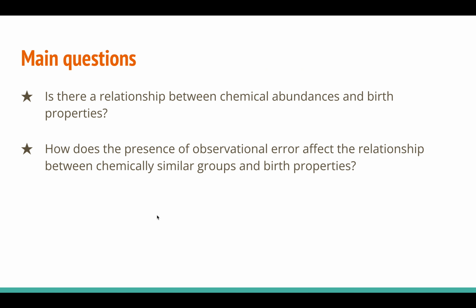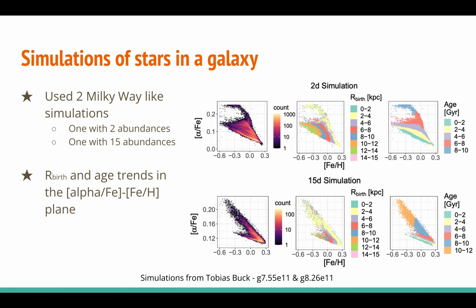The main questions that I'm hoping to address in today's talk are, is there a relationship between chemical abundances and birth properties? And also, how does the presence of observational error affect the relationship between chemically similar groups and their birth properties? I address these questions by primarily focusing on two hydrodynamical Milky Way-like simulations.